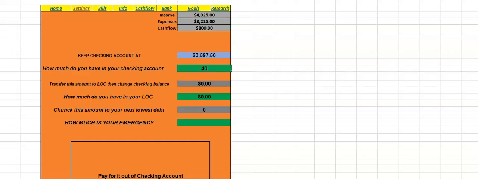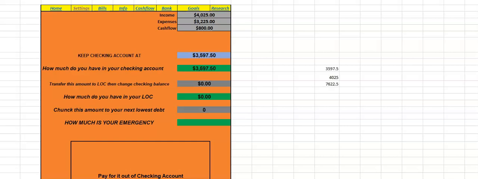You put the 4,025. Okay, you have the 3,597, and then your income comes into your account. You'll have 7,622.5. So see, it's just like velocity banking. It's coming straight into the account, and then you're transferring that into your line of credit.